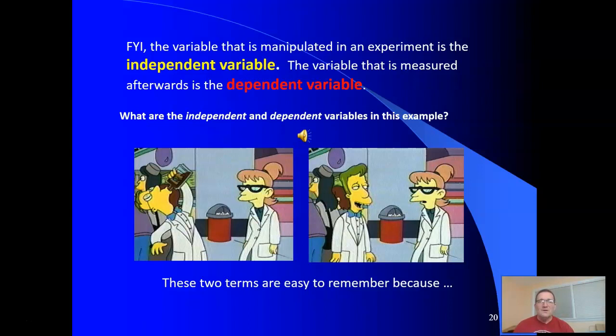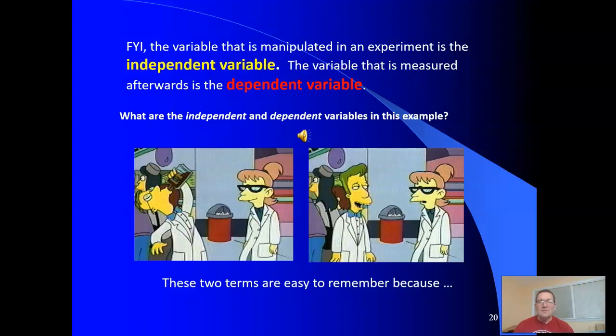But if there were such an elixir, the elixir would be the independent variable, the causal variable, and then his level of suaveness, handsomeness, coolness, whatever you want to call it, would be the dependent variable in that particular example.